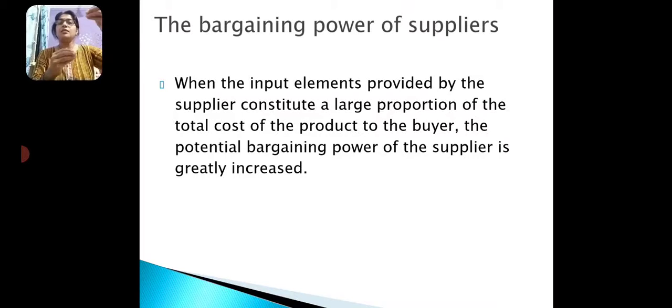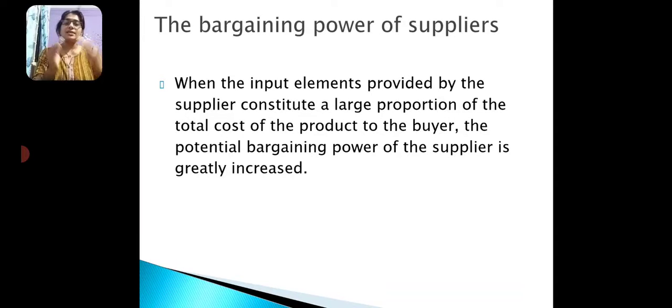Also, if the input you are buying, the raw materials or components, is a major portion of the total cost of production, it becomes a key area of your business, and the suppliers will have the upper hand when it comes to terms and conditions.